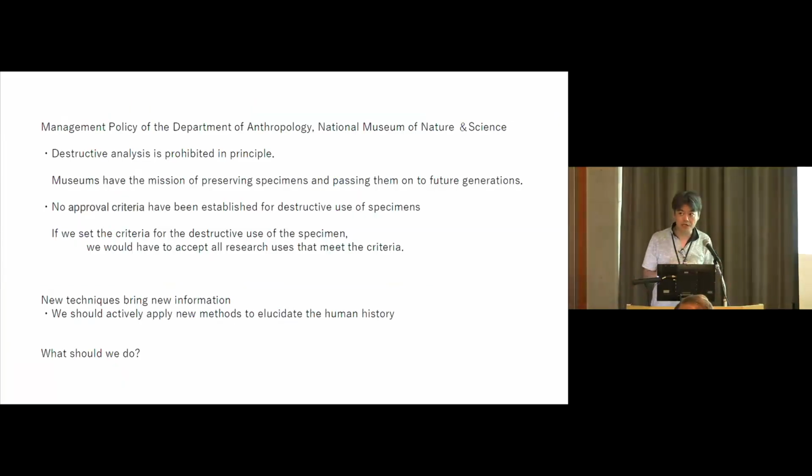Destructive analysis is a relatively new technique, and it is a very powerful technique for unraveling prehistoric human life. But it is a very difficult problem for museum staff, because we have the mission of preserving specimens and passing them on to future generations.